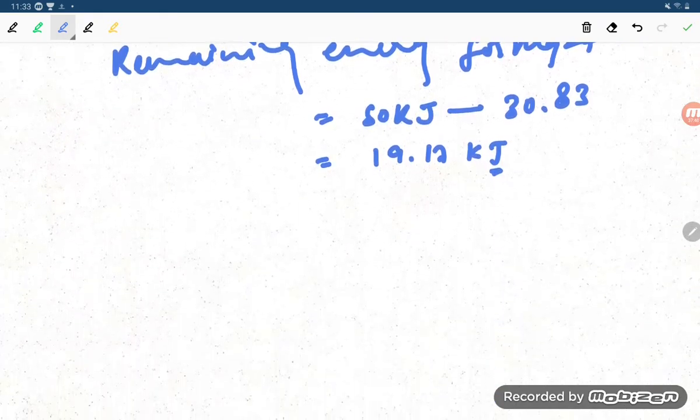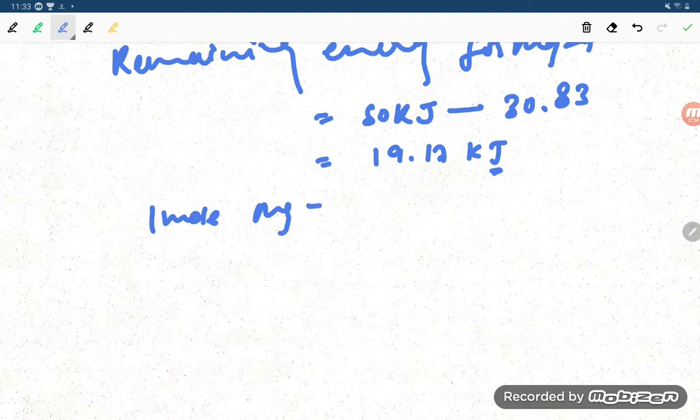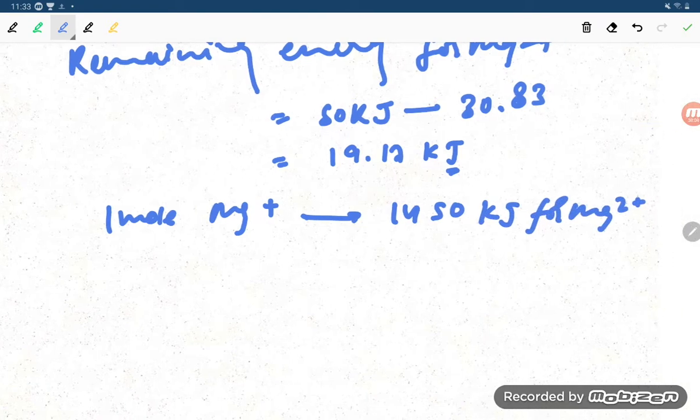Now for Mg2 plus, they are saying 1 mole of Mg plus absorbs 1450 kilojoule for Mg2 plus, right student?